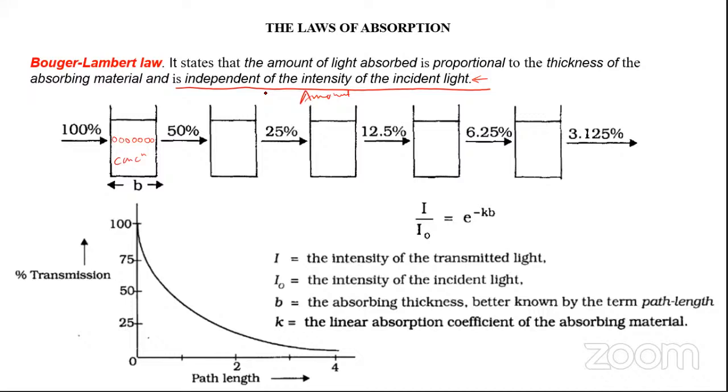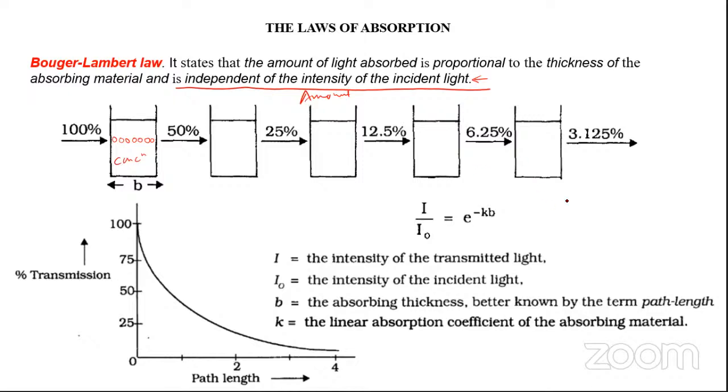Yes, sir. So if this is true, then if I increase the other entity rather than the number of molecules, the chance of the event should also increase proportionately, correct? So if I increase the intensity, then it should also increase absorption. Do you agree? No, sir. Why not?